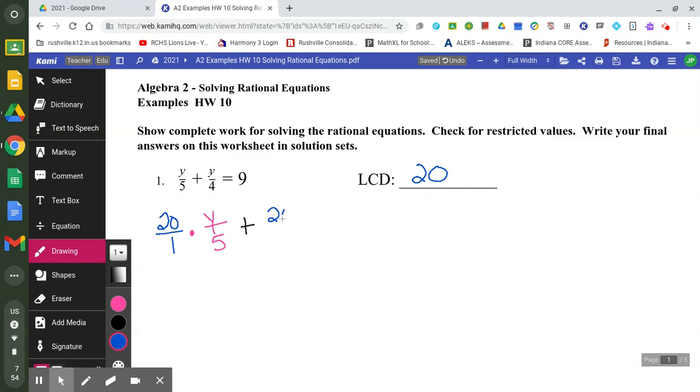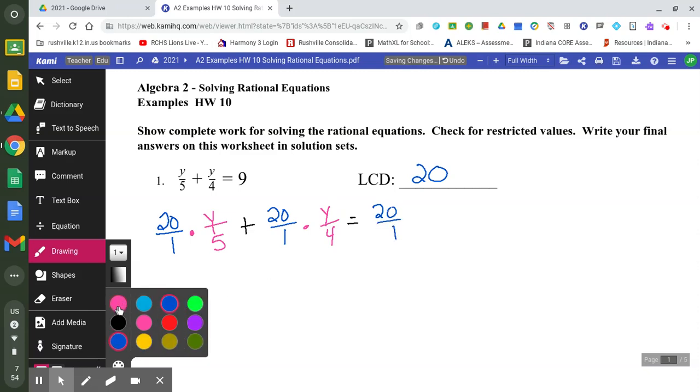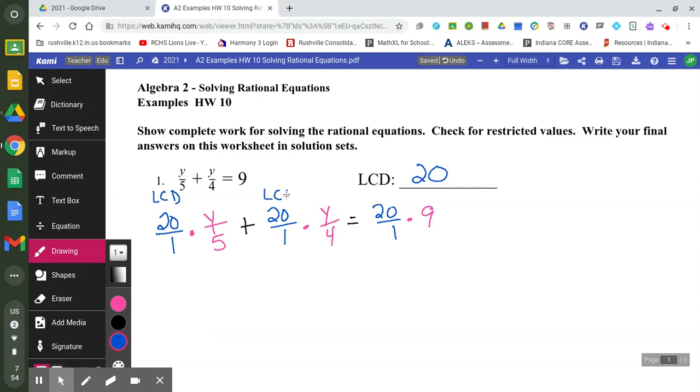Then I'm going to take the least common denominator of 20 over 1 times the y over 4 equals, and then again, the least common denominator of 20 over 1 times 9. So each time I took the least common denominator and multiplied it times the term that was already there.